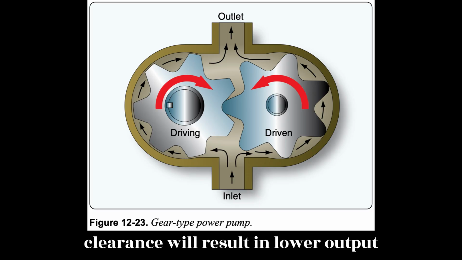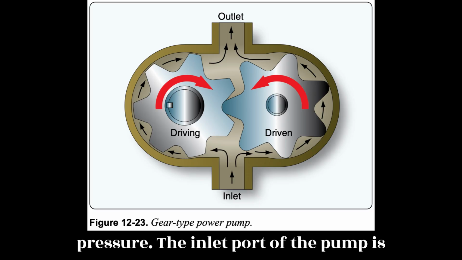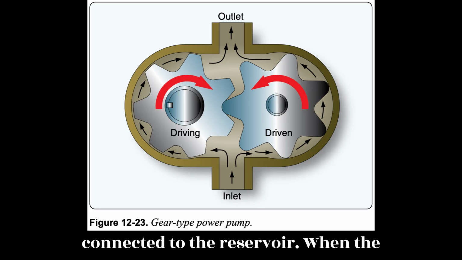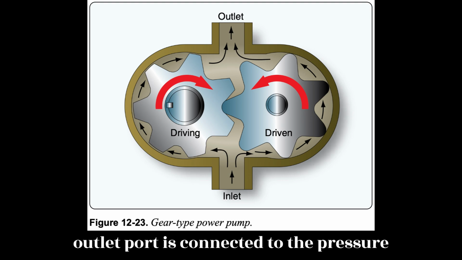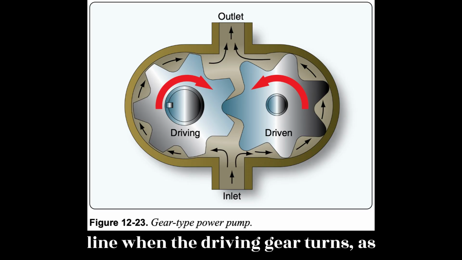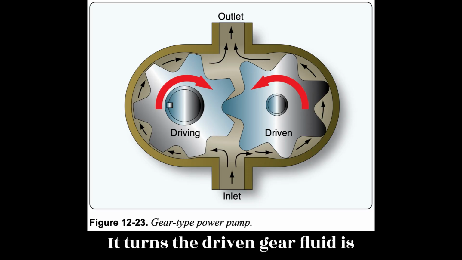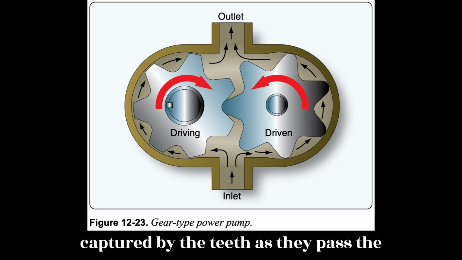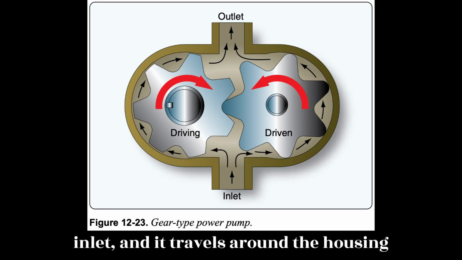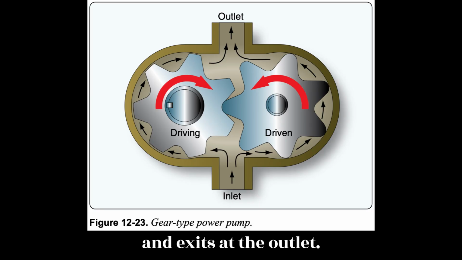Excessive clearance will result in lower output pressure. The inlet port of the pump is connected to the reservoir, and the outlet port is connected to the pressure line. When the driving gear turns, as shown in Figure 12-23, it turns the driven gear. Fluid is captured by the teeth as they pass the inlet, and it travels around the housing and exits at the outlet.